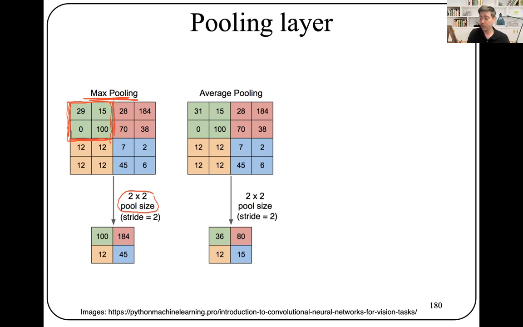Okay, so for the green region, the maximum is 100. So the output of the pooling layer at this position will be 100. For the red region, the maximum is 184. So we're going to have an output of 184. Here we're going to have 12, and here we're going to have 45.